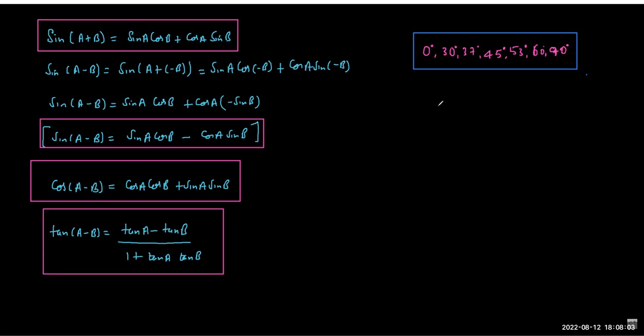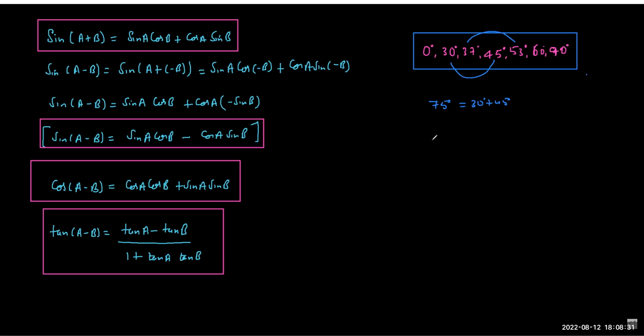So for example, if I add these two, what can I create? 75. Which typically we can write as 30 plus 45, isn't it? And similarly, if you subtract these two, which is very interesting, 53 minus 37, what will you get?